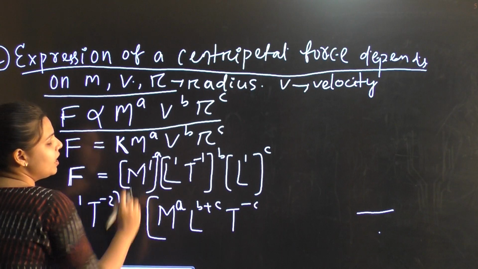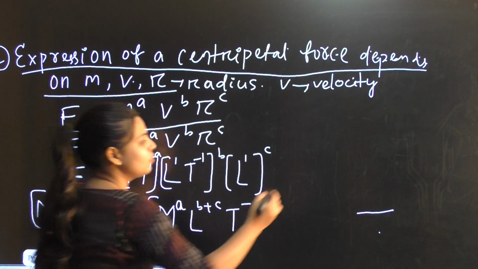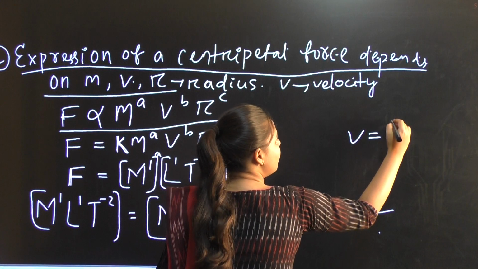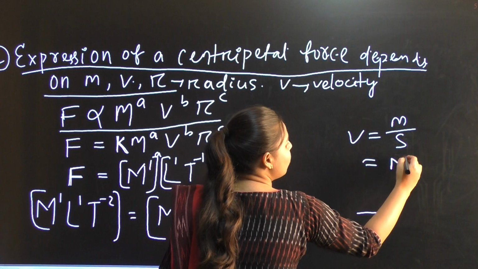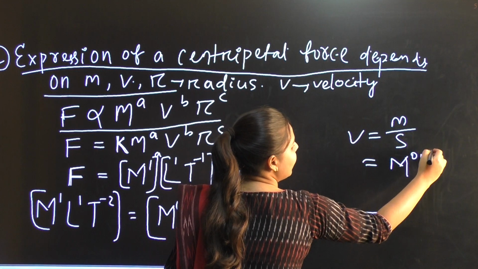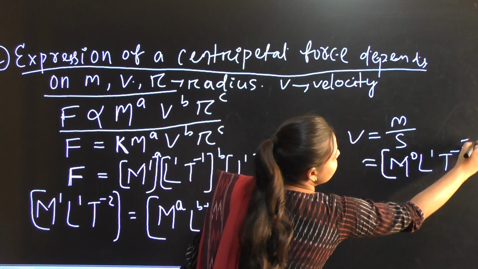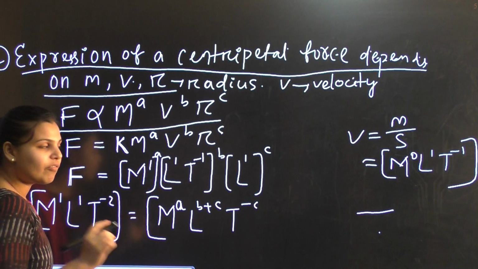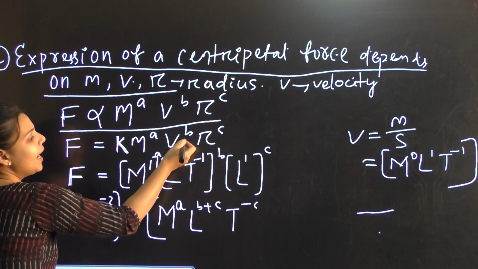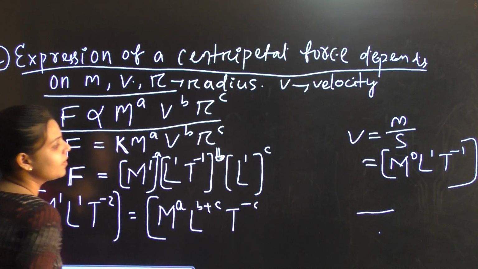Then v means velocity, and the dimension formula of velocity is L1 T minus 1, since velocity is meters per second. So M0 L1 T minus 1, and write the power as b.